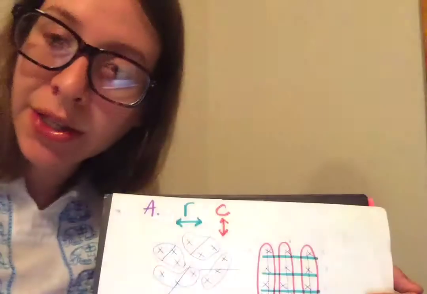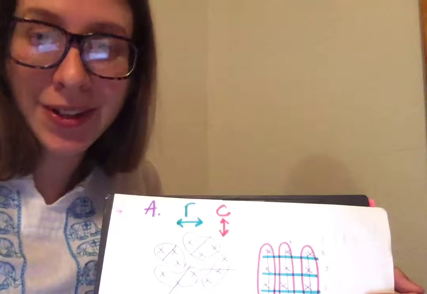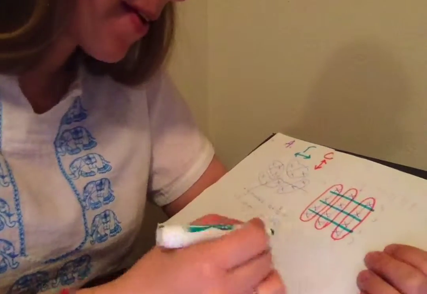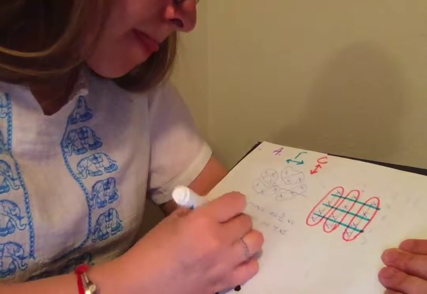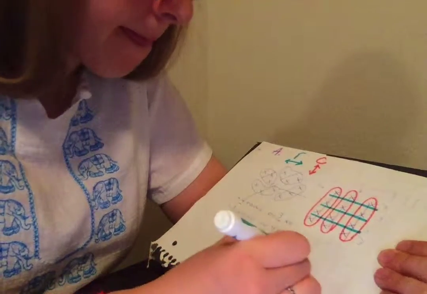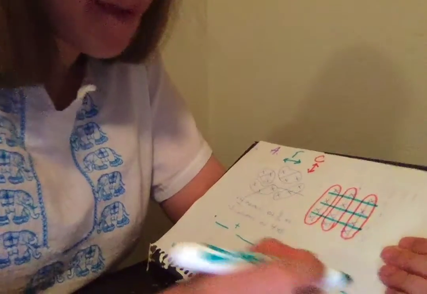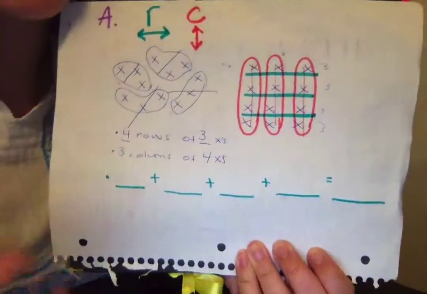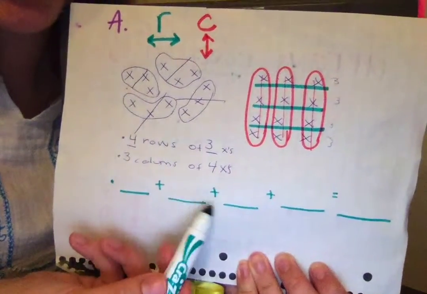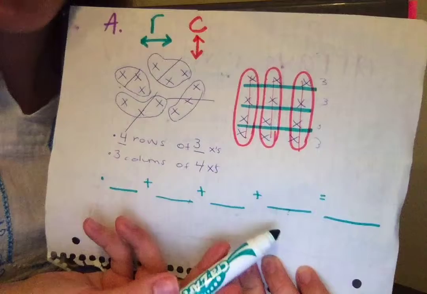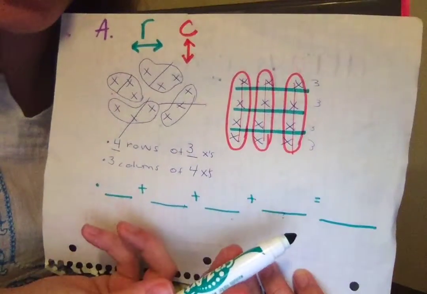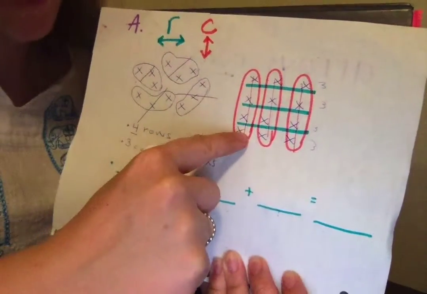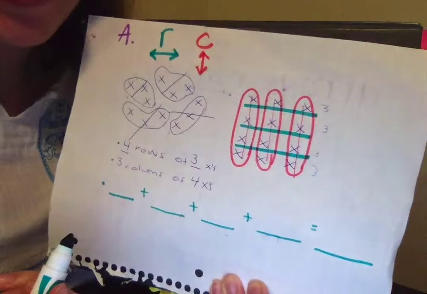Sometimes you'll notice that they'll ask you for an addition problem. And it'll look like this. So I'm using the row. This is where it gets fun too. So it's backwards, okay? But let's just try our best. So it has 4 spots, and you're adding these 4 sections. Well, I already know that we have 4 rows of 3 X's in each.